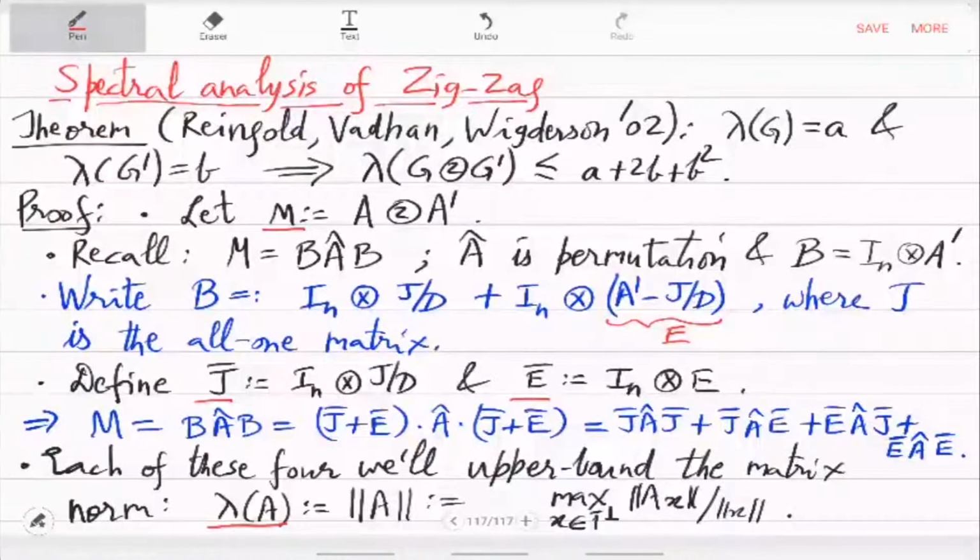Okay, and we will also use another norm. The previous one has to do with the second largest eigenvalue, right?